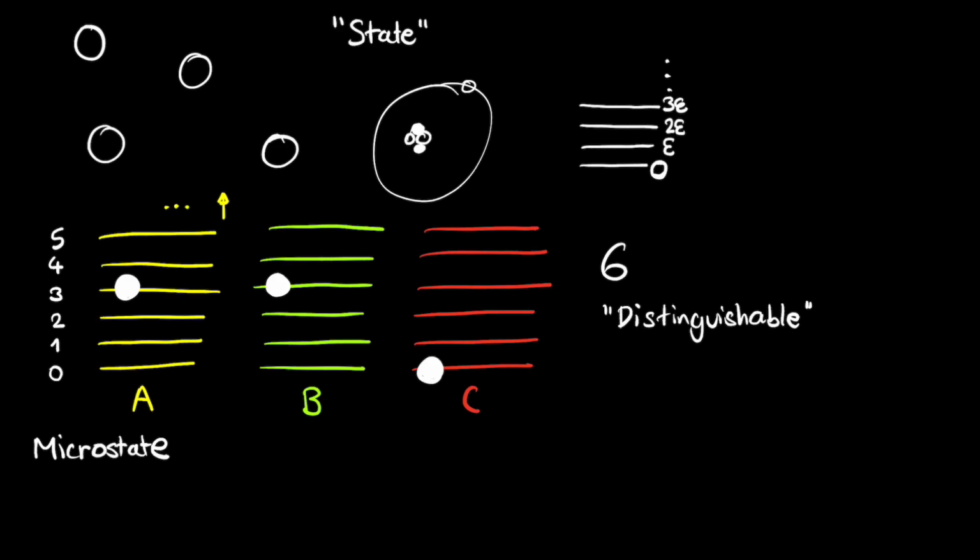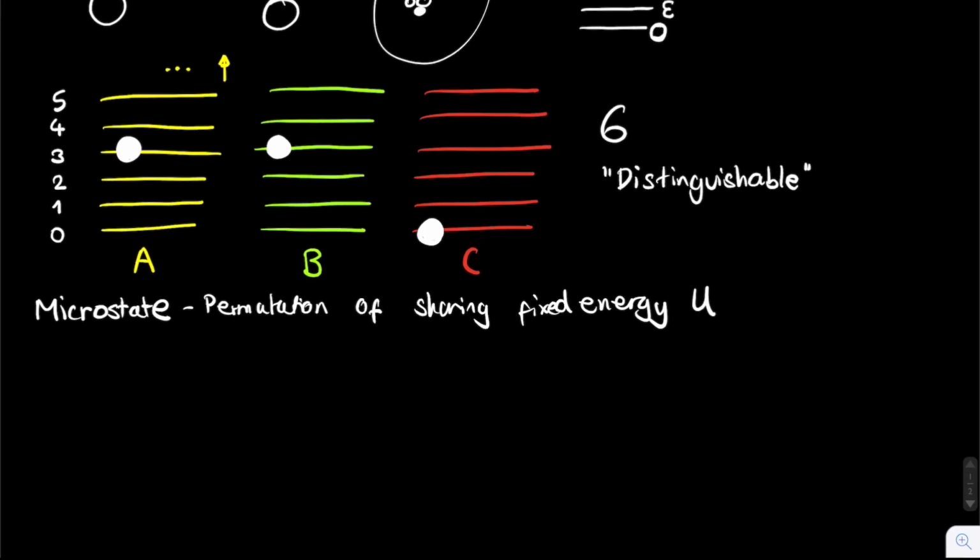A microstate is a permutation of sharing a fixed amount of energy. Let's just call it U for now. And I've actually just drawn a microstate right here. The microstate I've drawn has system A with 3 units of energy, system B also with 3 units of energy, and system C with 0 units of energy.